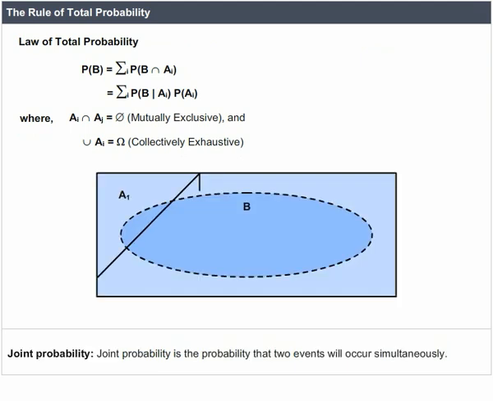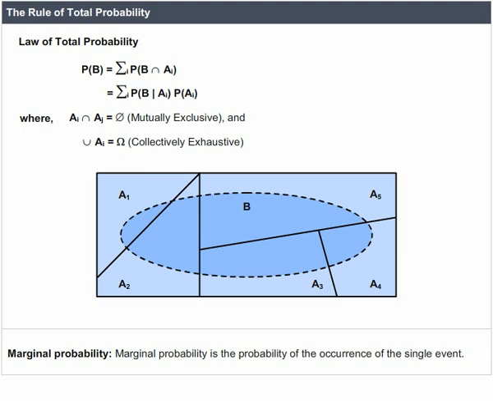Joint probability is the probability that two events will occur simultaneously. Marginal probability is the probability of the occurrence of a single event.